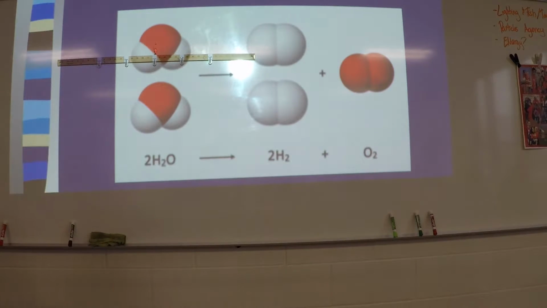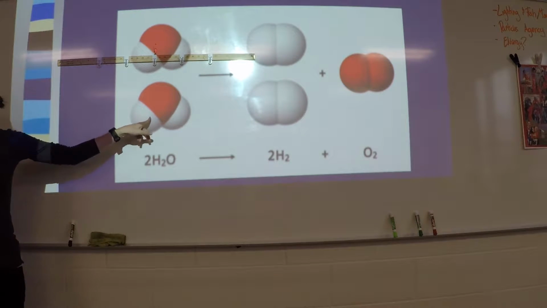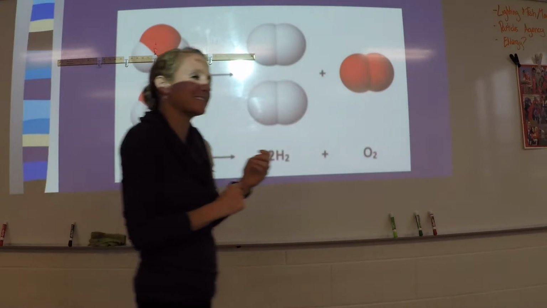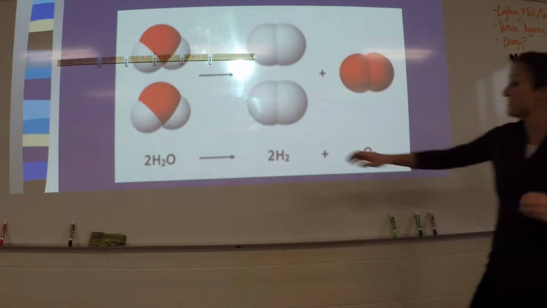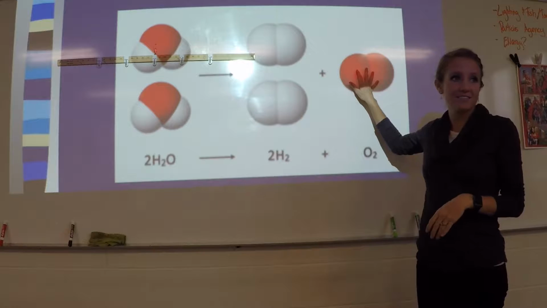Say, for example, and this is another one I hope to demo one day, if you take water, good old H2O, and send electricity through it, it's called electrolysis, you can cause water molecules to split into hydrogen and oxygen gas.